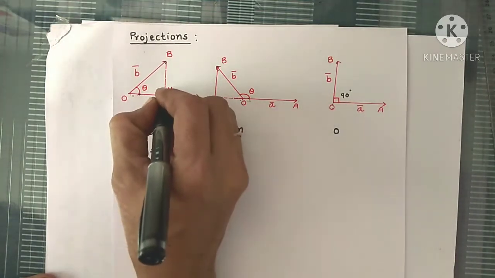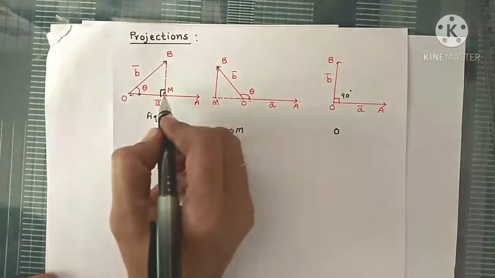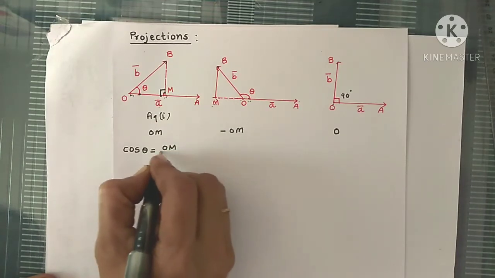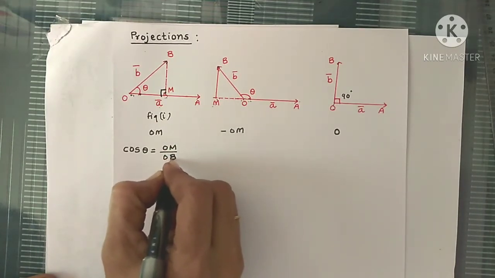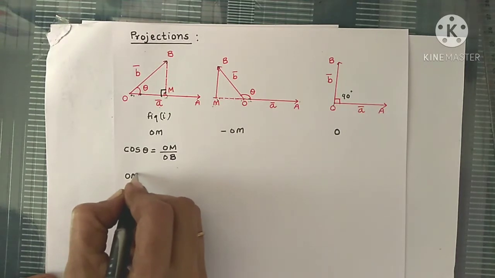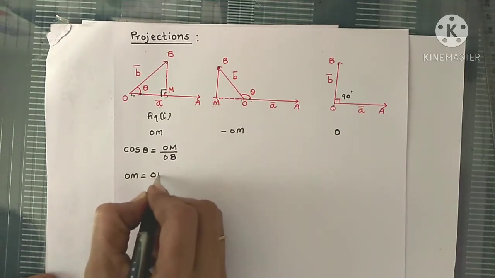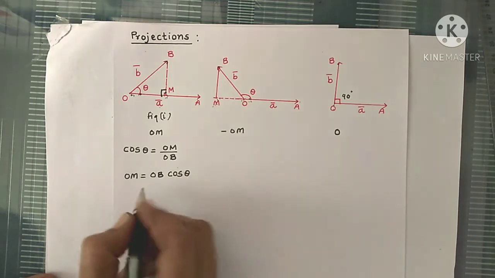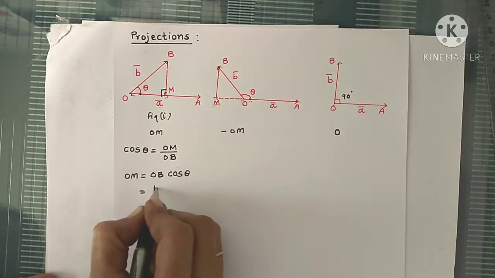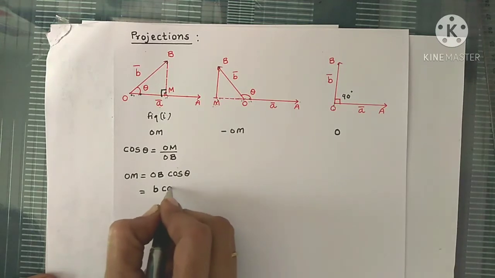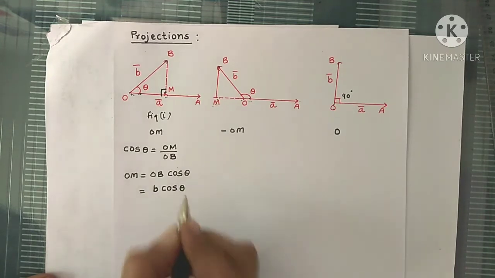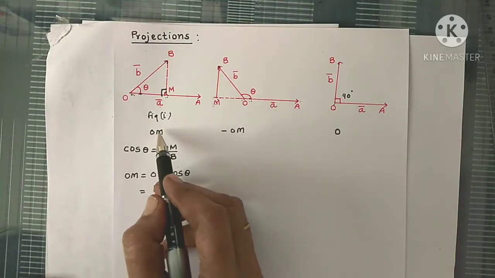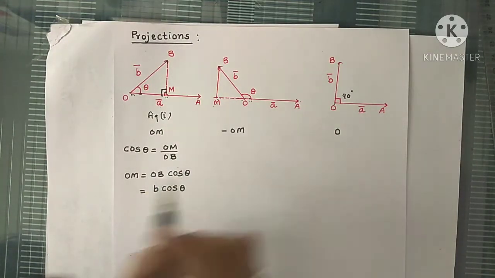So cos theta is OM upon OB. So OM is equal to OB cos theta. But OB bar is B bar, so we can take OB as small b. So OM is equal to b cos theta. This is the scalar projection. So the scalar projection in the first case is b cos theta.